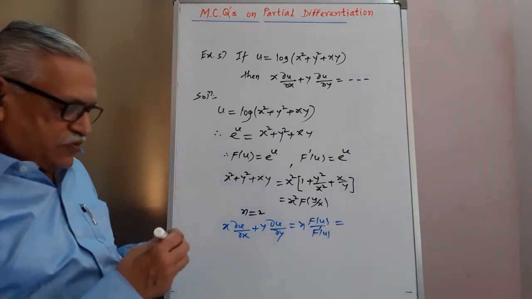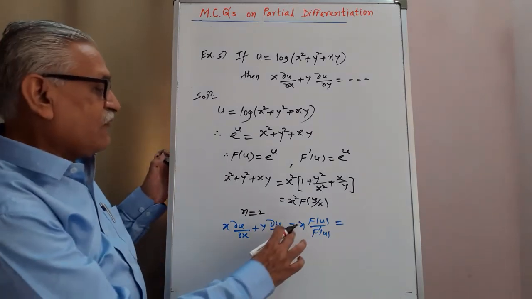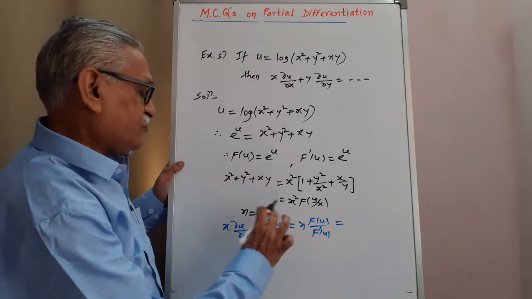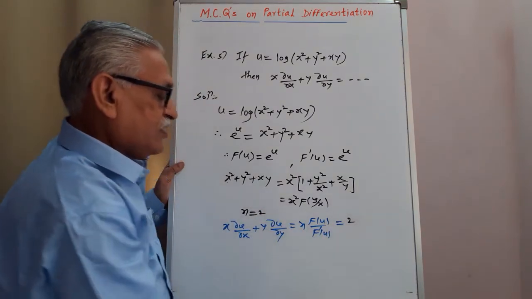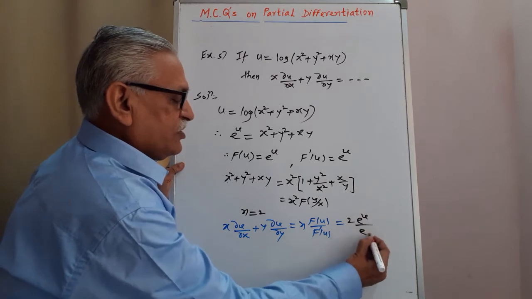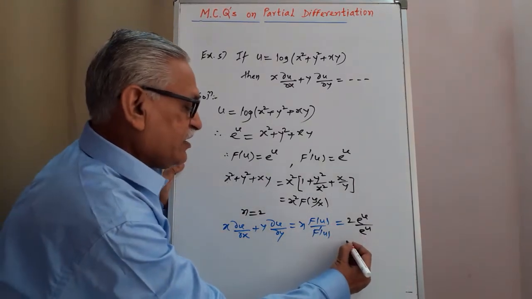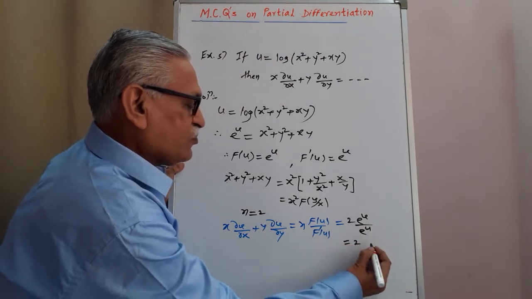Therefore it is equal to, the value of n here is 2, f of u is e raised to u, f dash of u is also e raised to u. E raised to u gets cancelled, and therefore the value we get is 2.